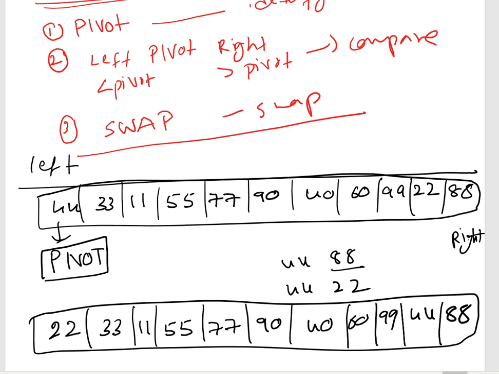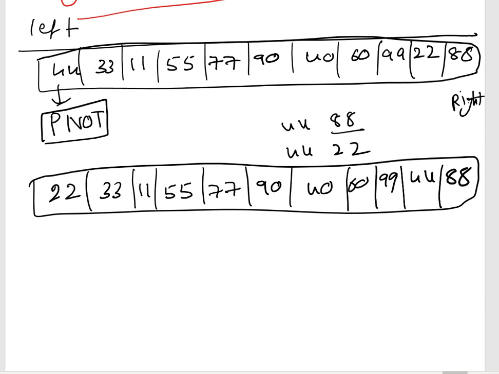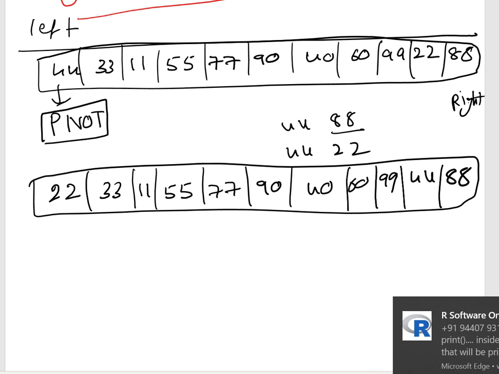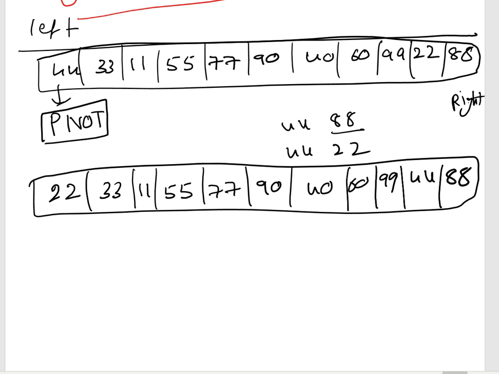Now in the second step, you check again with 44, comparing 44 to the elements on the right side. Then swap it. We have done that. Now compare 44 to the elements on the left side, starting from here onwards.